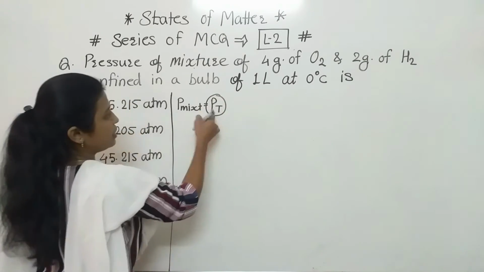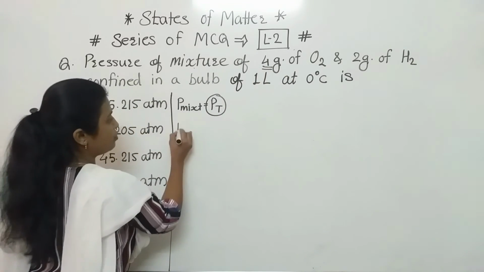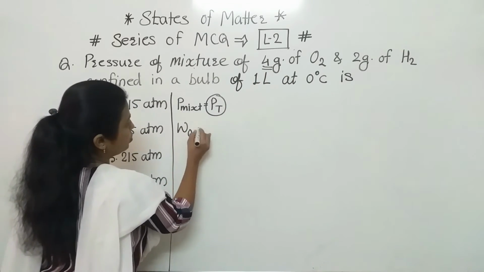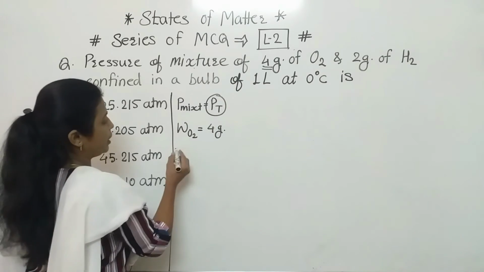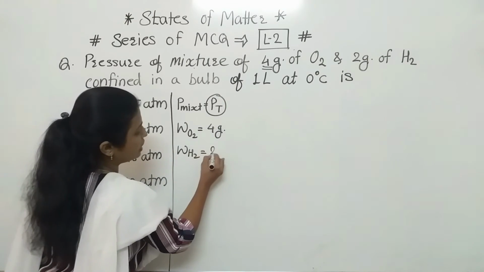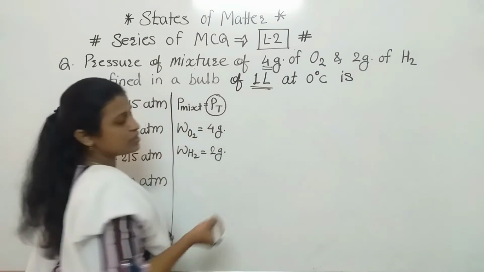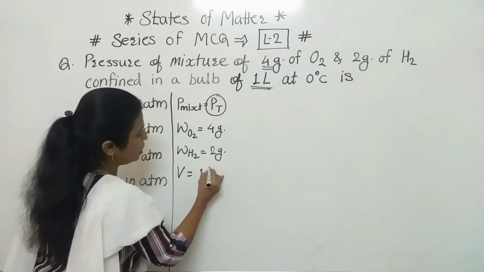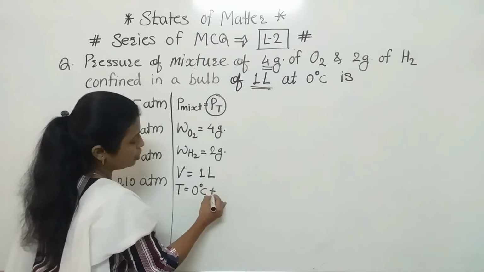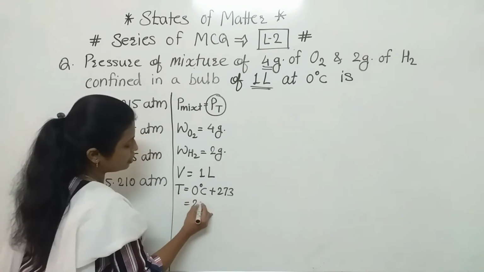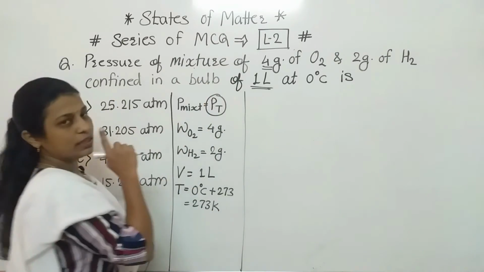We have to find out total pressure of 4 gram of, gram means mass is given, so W of O2 is 4 gram, and 2 gram of H2, means WH2 is also given, that is 2 gram. Confined in a volume of 1 liter. Liter means it is the volume. Volume is given, that is 1 liter at 0 degrees Celsius. Temperature is given, that is 0 degrees Celsius. So we will convert into Kelvin, and that is 273 Kelvin. Clear to everyone? So here we got all the details given in that numerical.